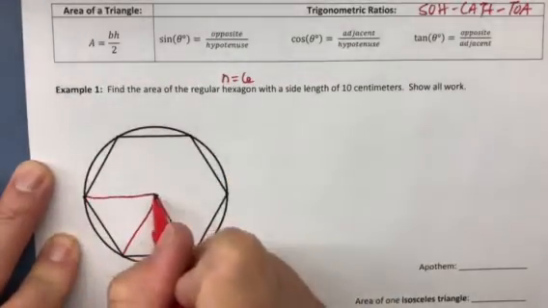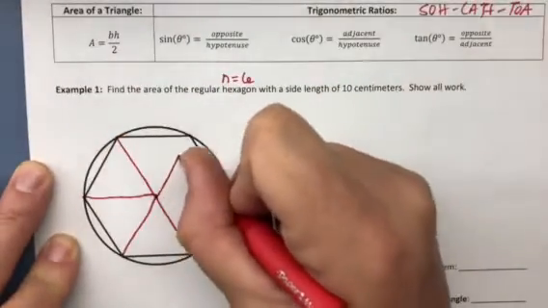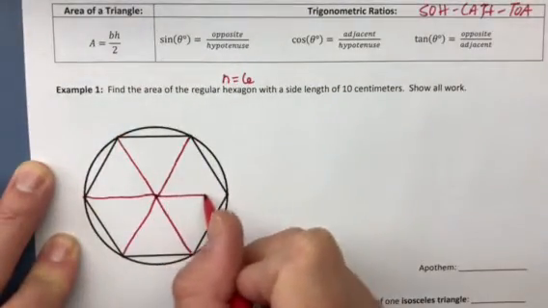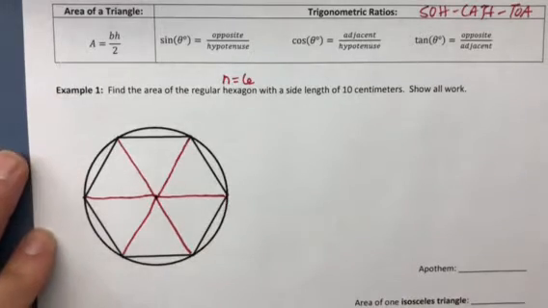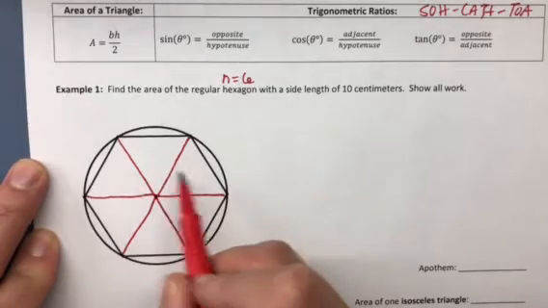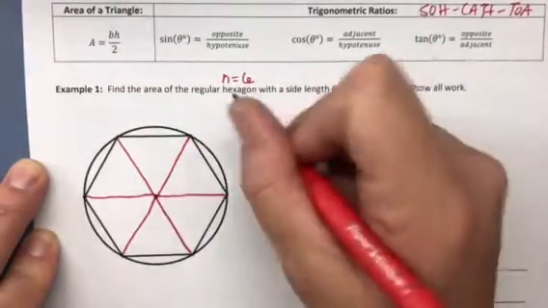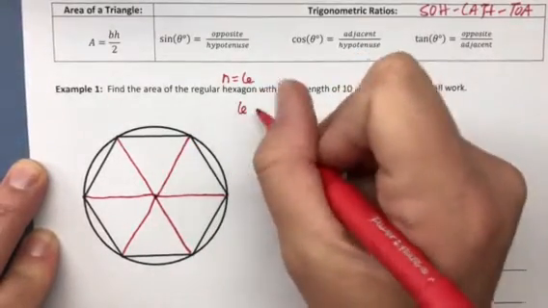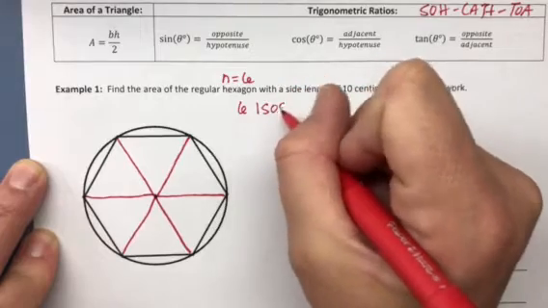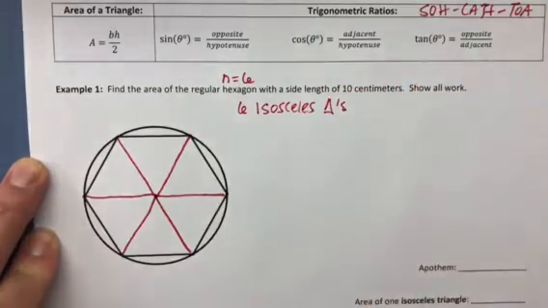And you don't have to use a straight edge, but I'd do it as neatly as possible. All right, so when we draw in all of the radii, we should have 1, 2, 3, 4, 5, 6 isosceles triangles. I'm just going to write that down so I don't forget.